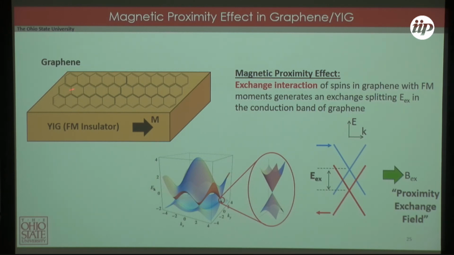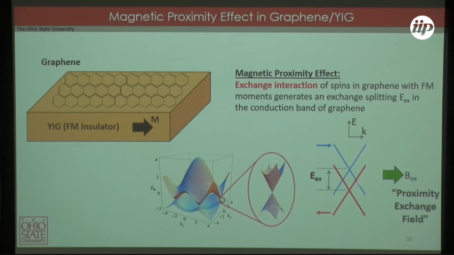But the idea is you put graphene on top of some magnetic material, and typically we like insulators because we want to do some transport or optical measurement. And it's really an exchange interaction of spins in graphene, or whatever 2D material you have, with the ferromagnetic moments. It generates an exchange splitting, E sub EX, in the conduction band of graphene.